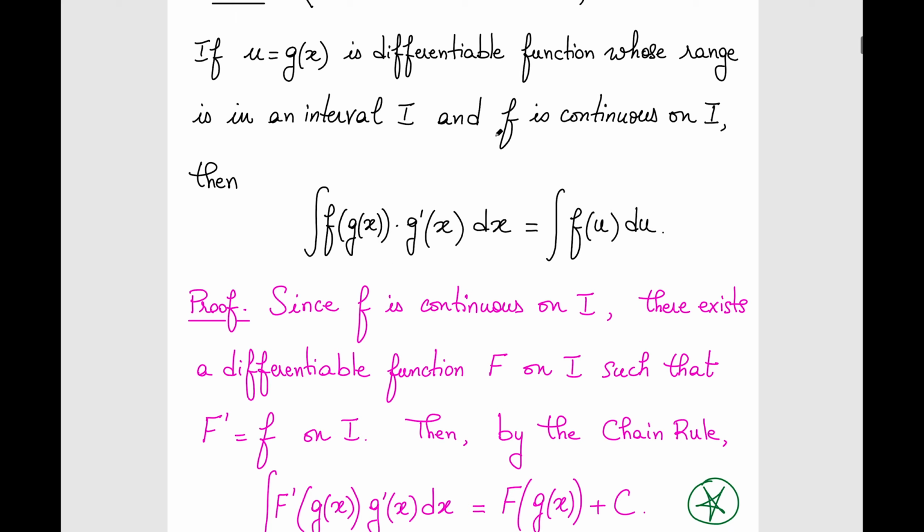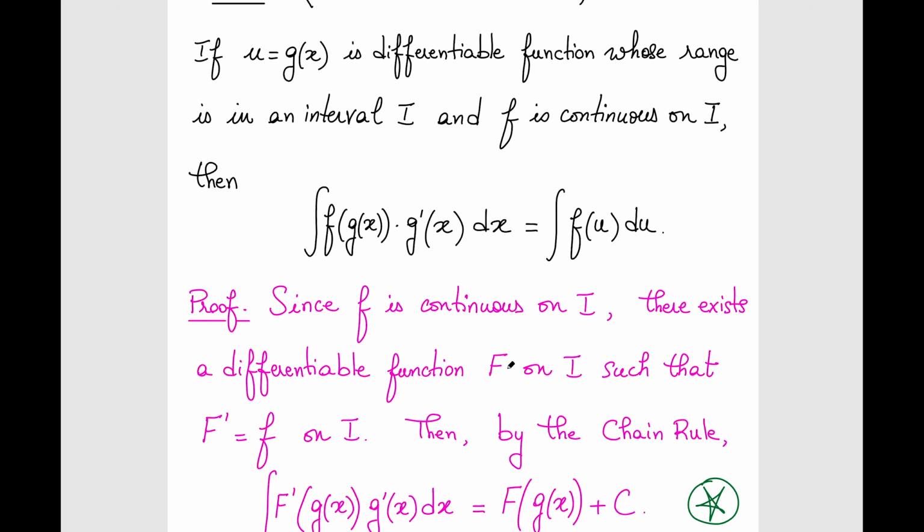Since the function f is continuous on I by design, by the fundamental theorem of calculus part 2, you can construct a function capital F on I such that the derivative of F is equal to little f. So what I'm saying is, because f is continuous on I, you can find a primitive function of little f.